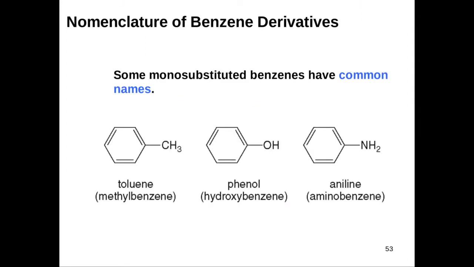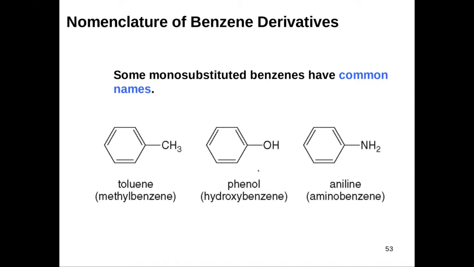Now, there are many types of benzene rings, and if we had lab this week, you would see these in lab, but we don't have lab this week, obviously. Some benzene rings have common names associated with them. Toluene, which is methylbenzene, phenol, hydroxybenzene, and aniline, aminobenzene, are pretty common things you'll see.